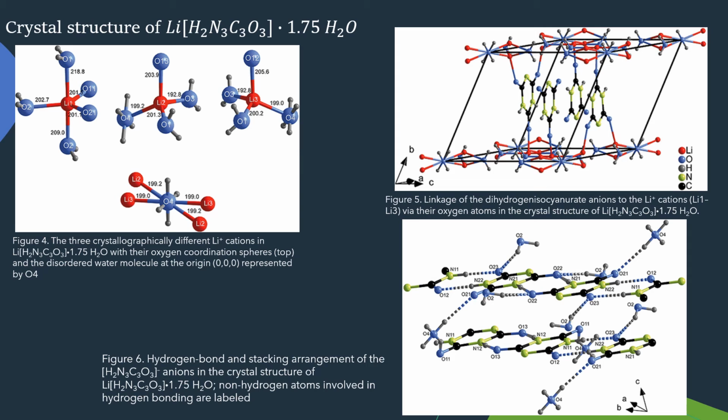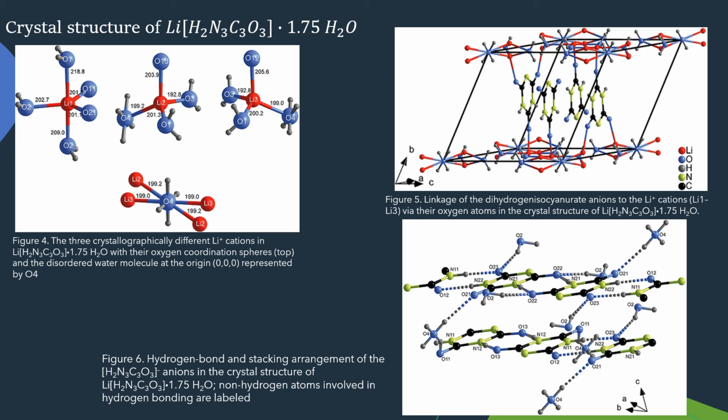The more complicated cationic substructure of lithium cyanurate shows 3 crystallographically different lithium cation positions with different coordination patterns. Lithium 1 is coordinated by a trigonal bipyramid of 5 oxygen atoms, of which 2, which also form the equatorial plane of the bipyramidal complex unit, belong to the carbonyl oxygen atoms of dihydrogen isocyanurate ions, while the other 3 are part of water molecules.